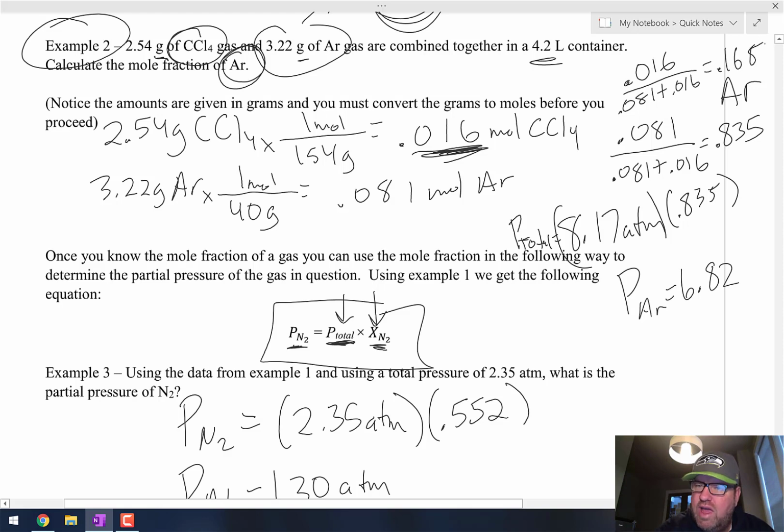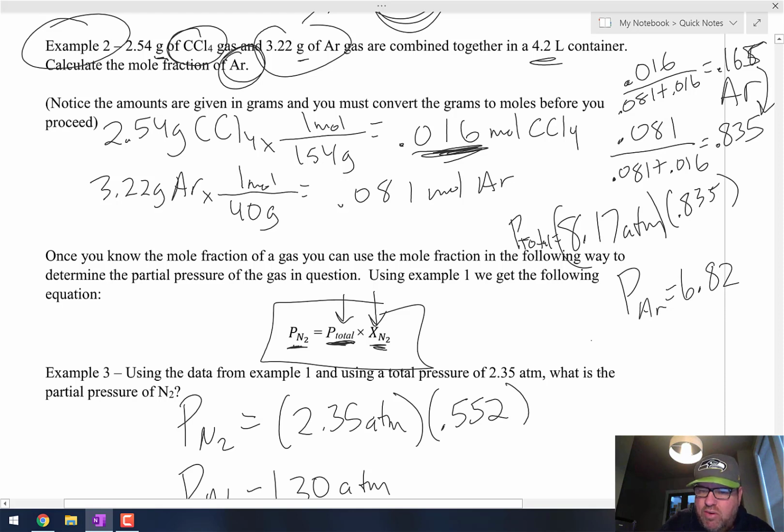And notice that 0.165 plus 0.835 equals 1. Okay, so it's almost like we're doing a percent here, but instead of out of 100, we're doing it out of 1. So the mole fractions of all the different gases will always add up to 1, just like percentages will always add up to 100%.